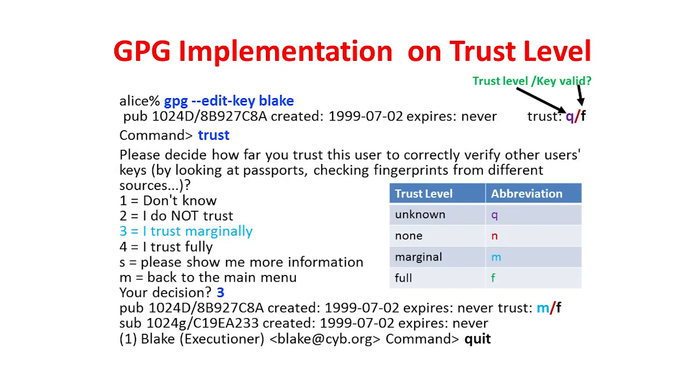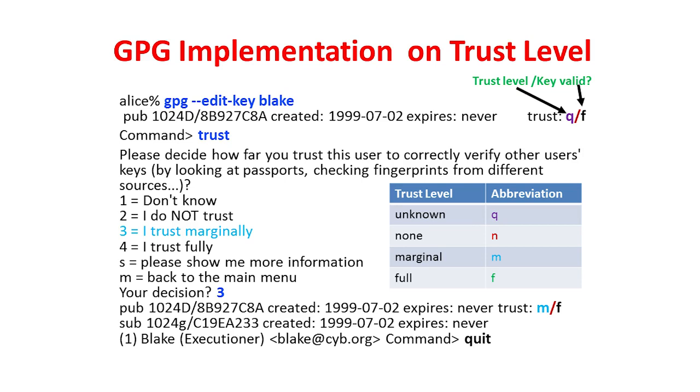Here we show that initially when Alice examines Blake's key in the key ring, it shows the trust level as q, which is unknown, but the key is valid, which is indicated by the abbreviation f. With the trust command, Alice enters 3, which means she trusts him marginally, as we talked about in the previous trust levels, which is level 3.